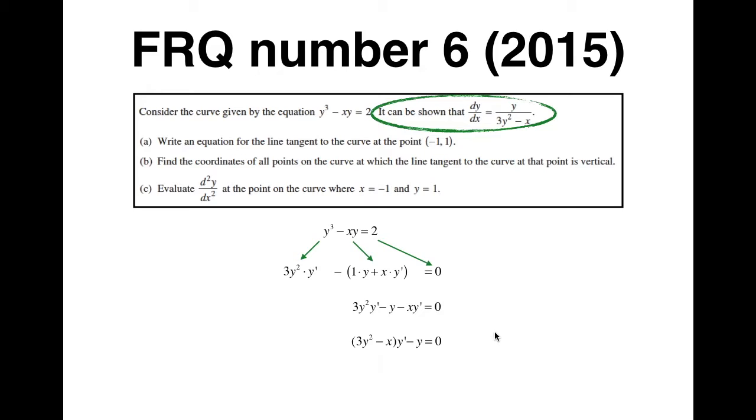From here on, it's easy. I'm going to add y, and then I'm going to divide by 3y squared minus x. Conclusion, y prime equals y over 3y squared minus x, and I double check, yes, it's what I had to show. So if that had been question A, you would have 4 or even 5 points sometimes that can be earned in the question.